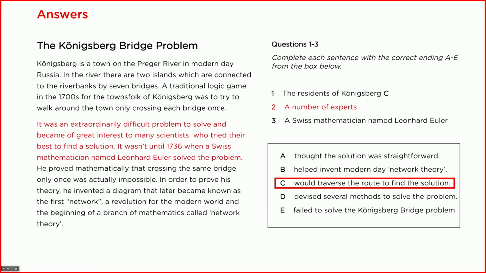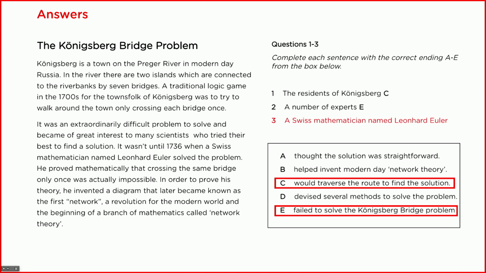It says, it was an extraordinarily difficult problem to solve and became of great interest to many scientists who tried their best to find a solution. It wasn't until 1736 when a Swiss mathematician named Leonhard Euler solved the problem. So, which of those sentence endings matches with that first part? A number of experts. The answer is E, failed to solve the Königsberg Bridge problem. Cool. What about number 3?